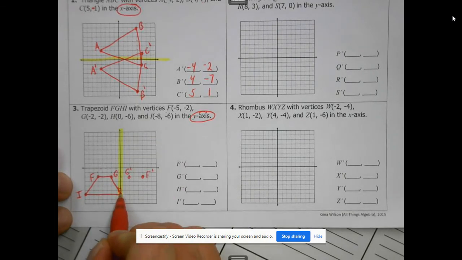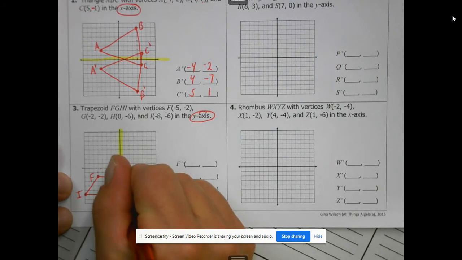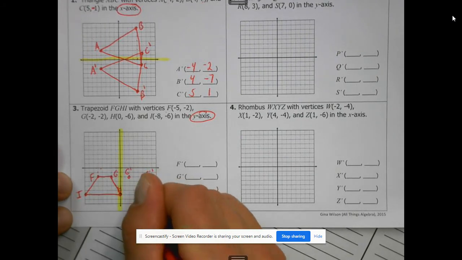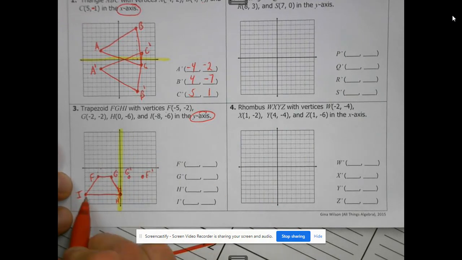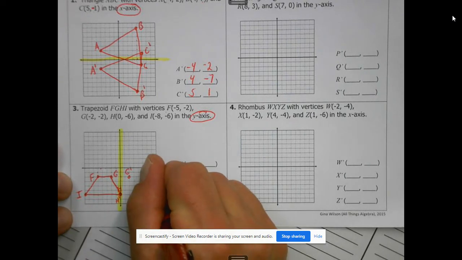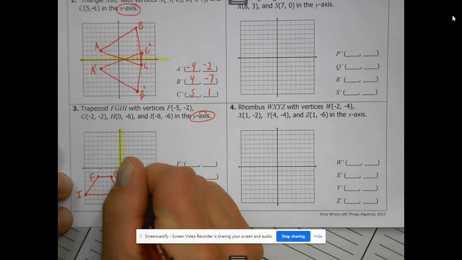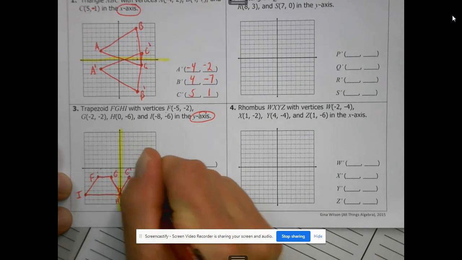H is not going to move. It is on the line of reflection, so the new point is the same exact point as that point. And just label that H prime as well. I is 8 away. Go 8 the other way. Label that I prime. Connect your pieces.